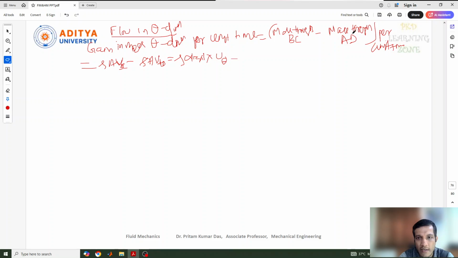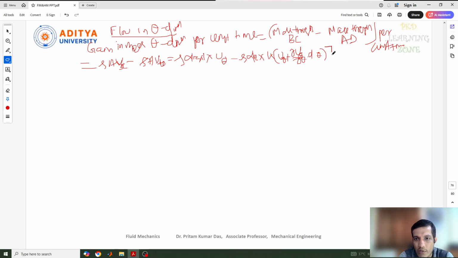Now we can write the mass through the AD point. Similarly, by seeing the above equation, we can directly write rho dr into 1 into u theta plus del u theta by del theta into d theta, the angle it has traveled.